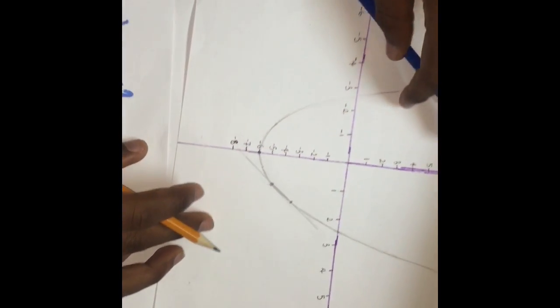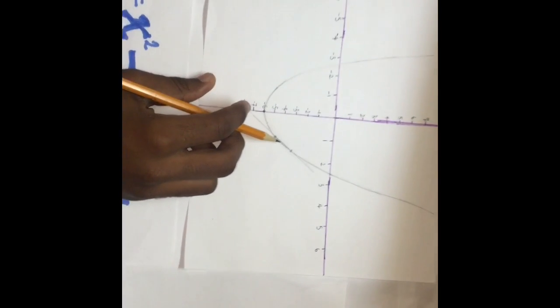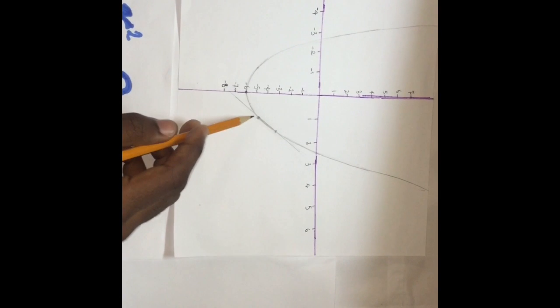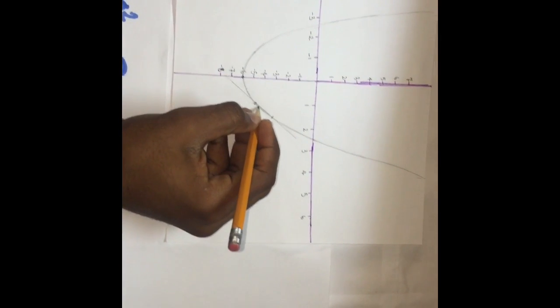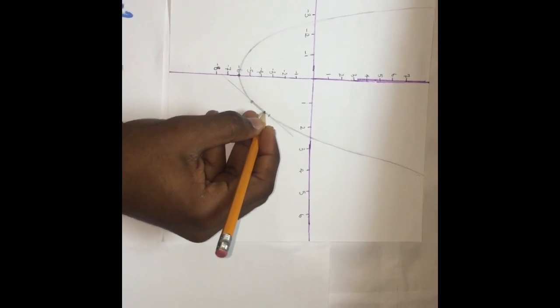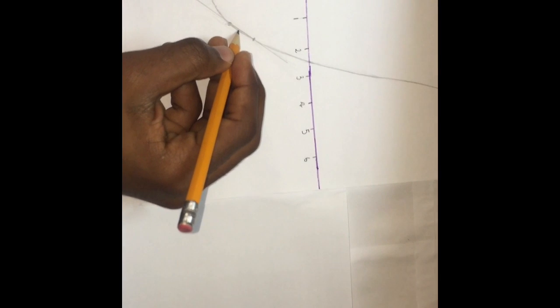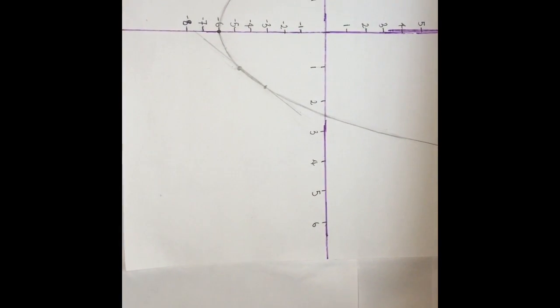Okay, so this is my secant line, and a secant line is in between 2 points, and it goes right through the graph. Maybe you can't see it clearly, but there's a space in between on this side here.